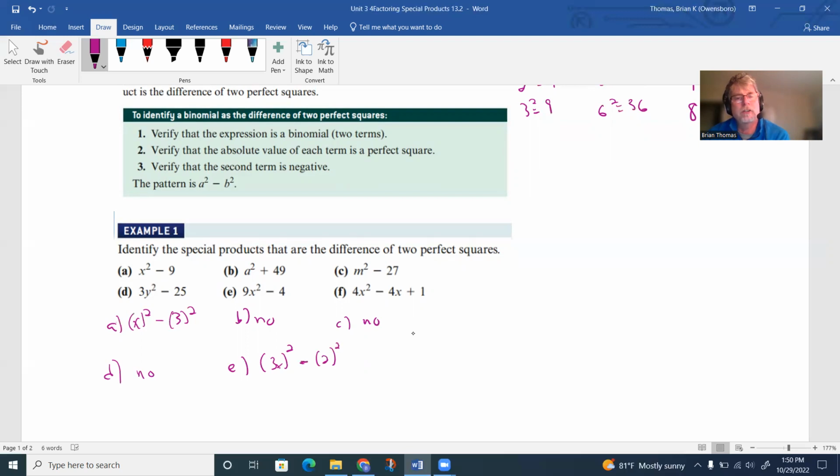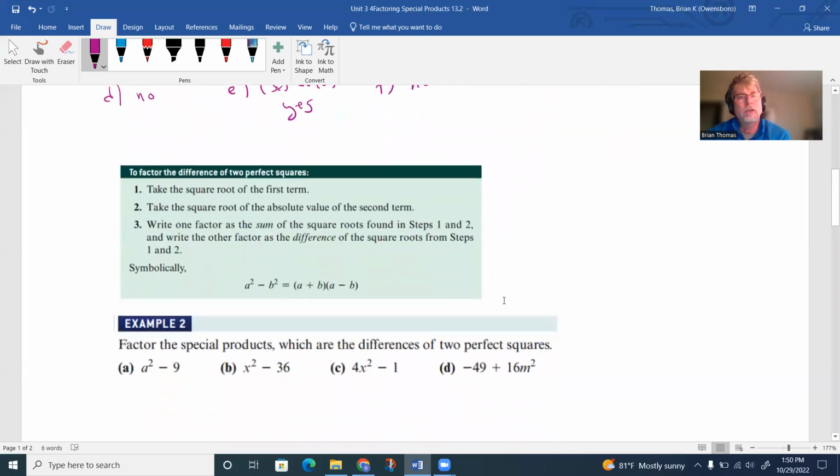And notice there is a minus sign between them. So E would be an example of a difference of squares. F, right off the bat, has 3 terms, so it's not even a binomial, so that crashes. So what we're looking for are things like A and E. Those are what we call difference of squares.